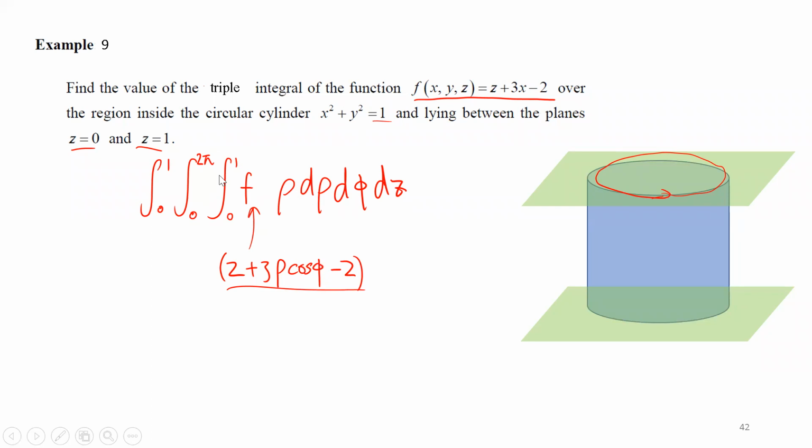After doing the first layer, you get a function that depends on phi, so that's when you take care of the second integral. After the second layer, you will have a function that only depends on z, and then finally you do the last one.